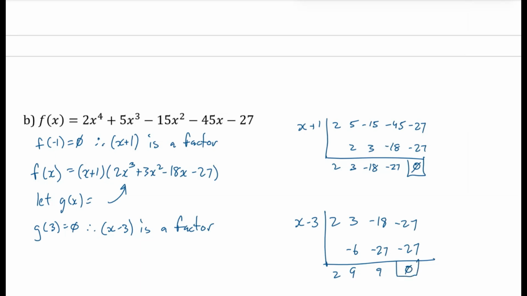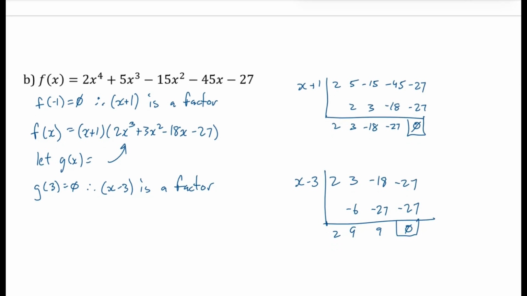Remainder of 0, put that 0 in a box where it belongs. Beautiful. Got a remainder of 0 again as we expected. We are on the right track.